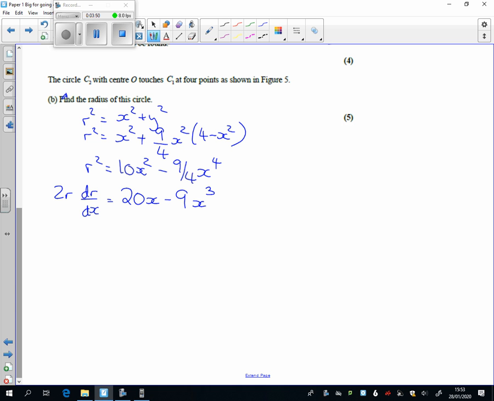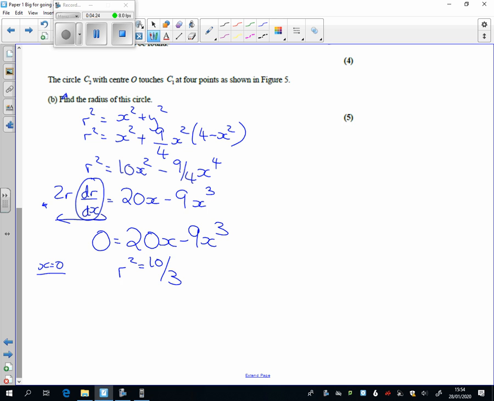And at the maximum radius, this bit must equal 0. In fact, this whole thing here would equal 0. So I've got 0 equals that. Two choices, either x is equal to 0, and clearly that would be the minimum radius that we've got.